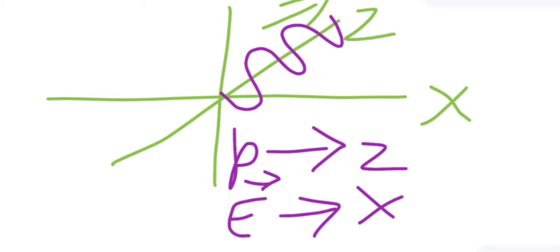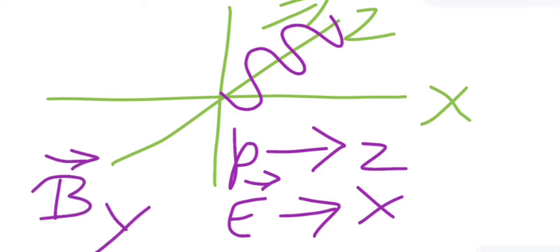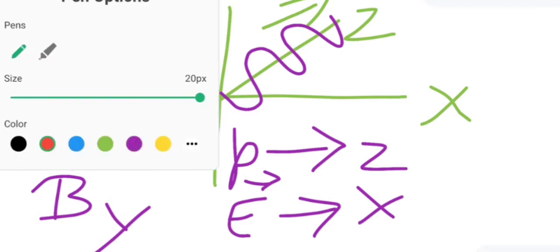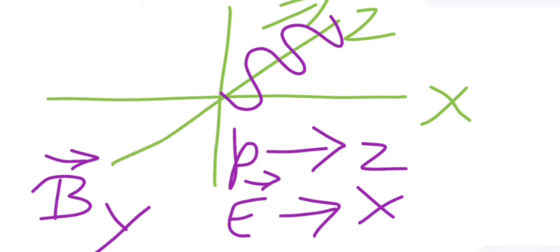Then what about B, the magnetic field? It will be along the y-axis. Where is the y-axis? We know the y-axis is here, so it will be up and down.